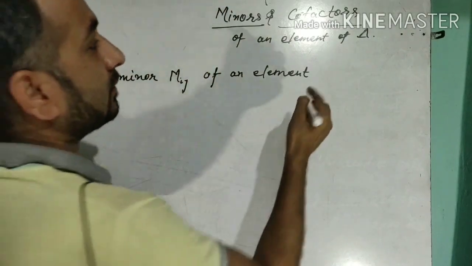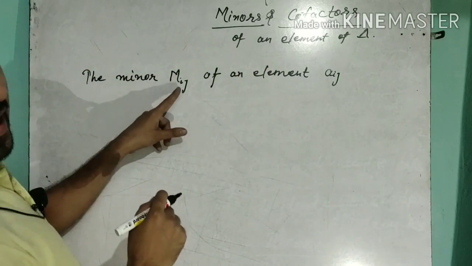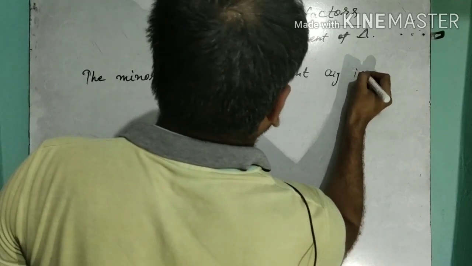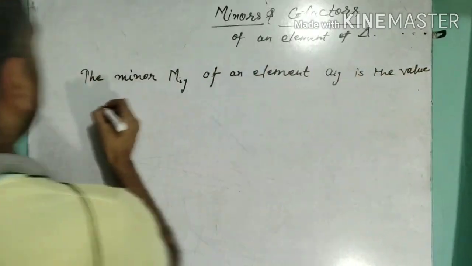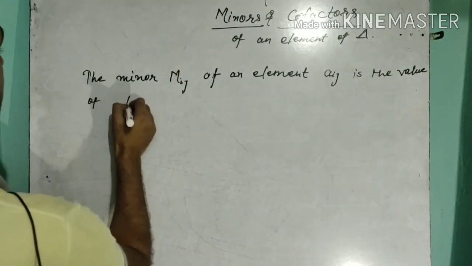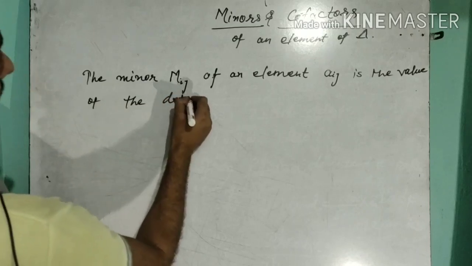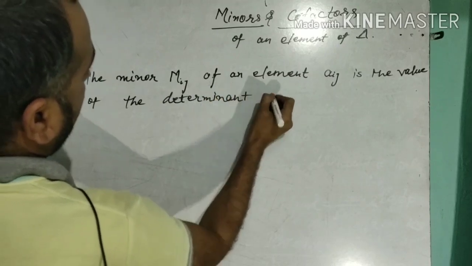We have to take the element, suppose Aij.